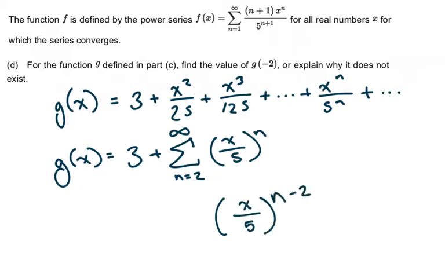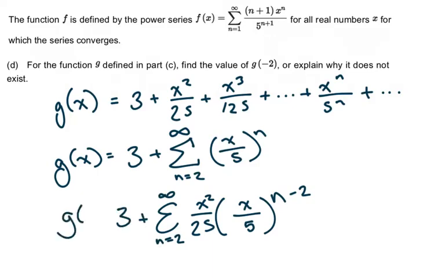So what I would do from there is, instead of being x over 5 to the n, I would want it to be n minus 2, factoring out an x squared over 25 for the series, and now it fits exactly into our formula, because what we're going to do next is, in place of x, we're going to plug in a -2.